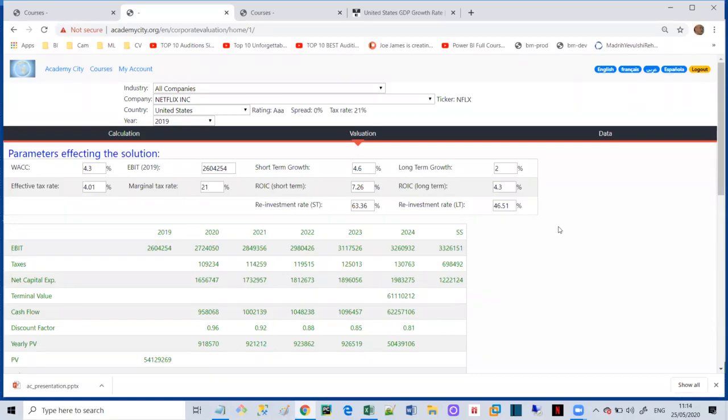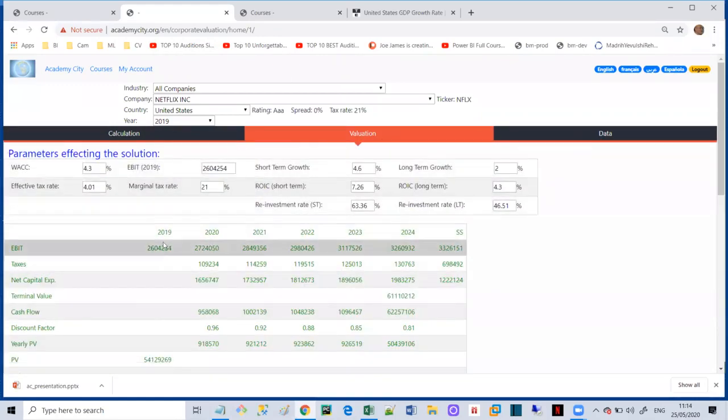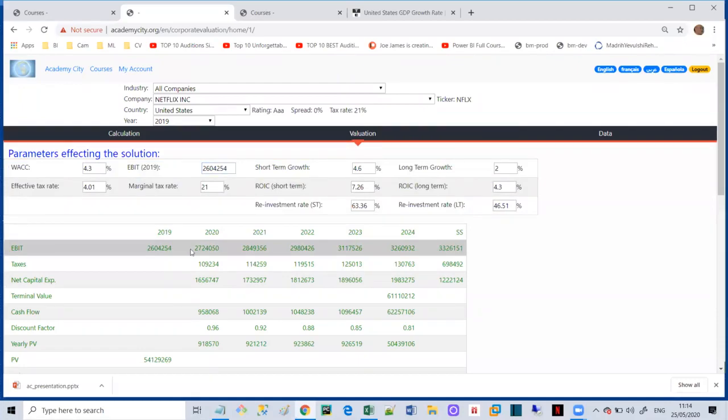It's a beautiful question. So if you noticed, we already have all those 6 covered. EBIT comes directly from here. We look at the EBIT. These numbers, right? This number comes right here. Well, I'm using here the EBIT as a starting point of what I think is going to happen in the next few years.